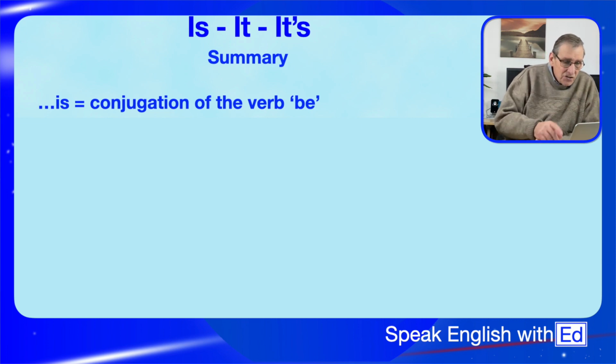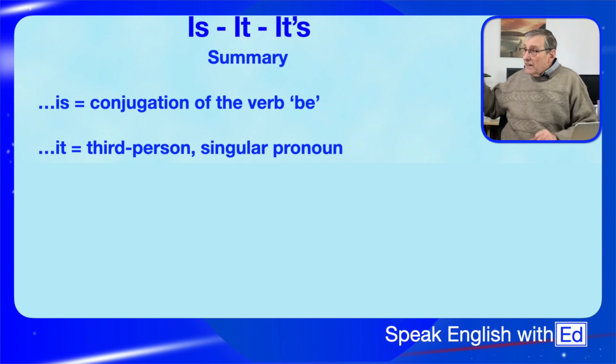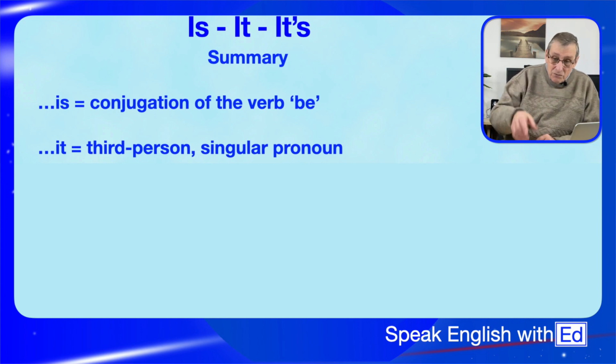"Is" is a third person singular pronoun. Third person is not the speaker, not the person that's listening, but everything else. It, the mouse. I'm talking about the mouse. I'm not talking to it, so I'm talking about it.